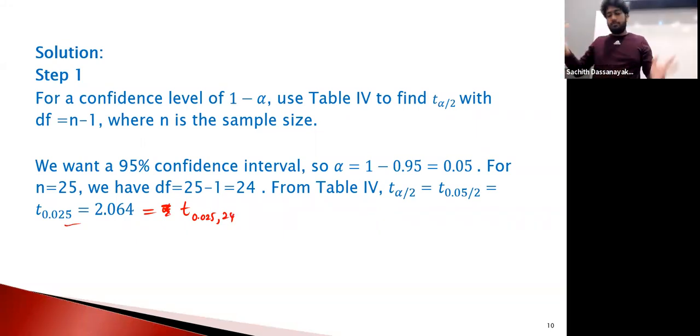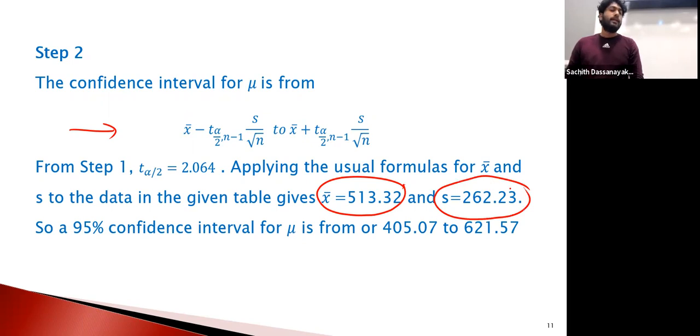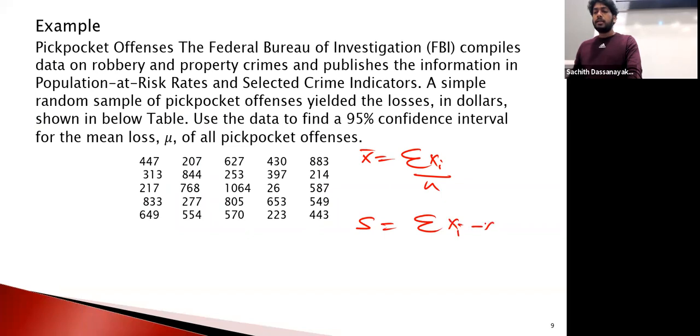Now what's the next step? Plug your values into this formula, but at the same time you need X bar and S. Use your calculator to find X bar and S. X bar equals summation xi divided by n. S equals the square root of the sum of xi minus X bar squared, divided by n minus 1.